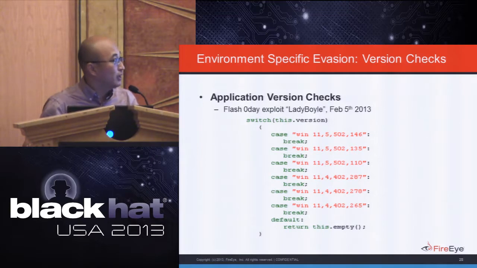I think the attack itself happened on the 5th, and it was publicly announced on the 7th. What it's doing here is checking the versions of the Adobe Flash Player, and making sure it will run only on the targeted versions.